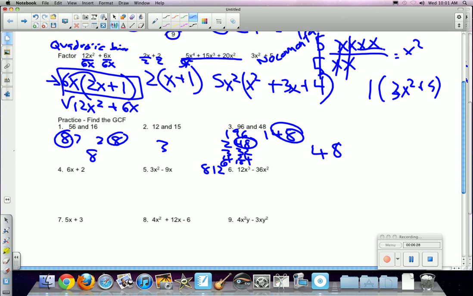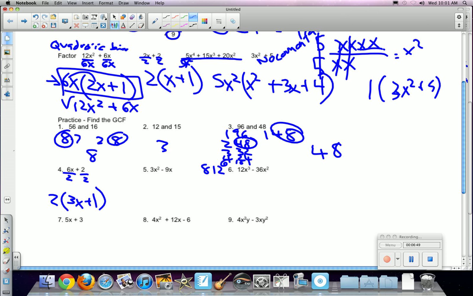I'm going to pause for just a second. All right, well, let's do these together. What was our common factor here? 2, right? I'm just going to write it here, and then I'm going to divide this by 2, that by 2, and I'm going to be left with 3x plus 1. Check. Good. How about here?